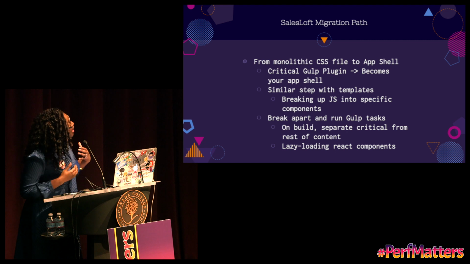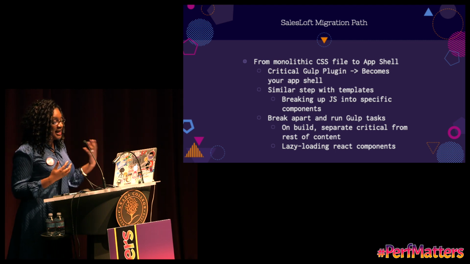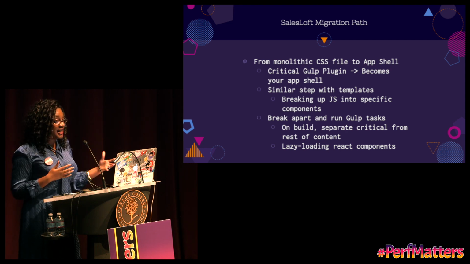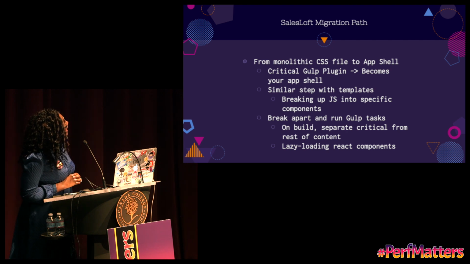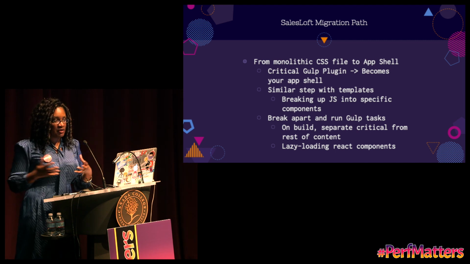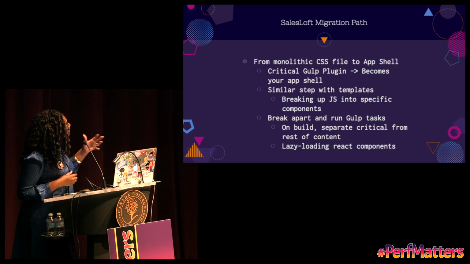For us, we had this really monolithic Rails app. At the time, it was Rails and AngularJS on the front end. Yes, I said JS, so not a fun time on the front end originally. We were using a critical gulp plugin, and the output of that became our app shell. Then we used a similar step with templates and broke up our JS into specific components.